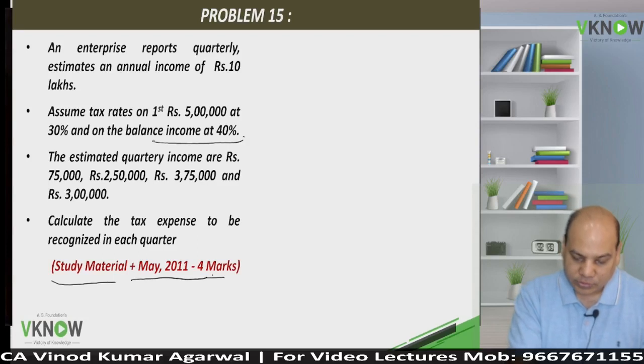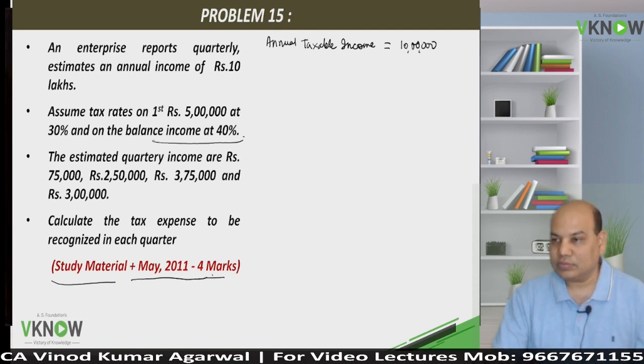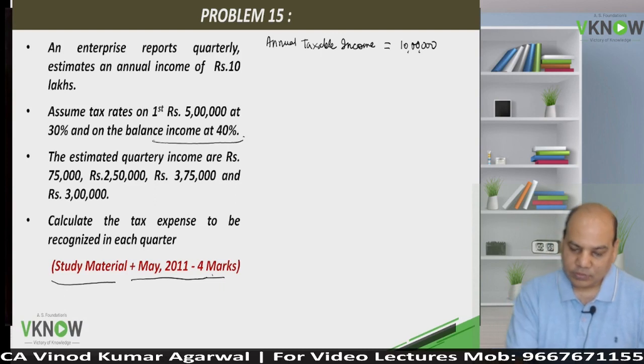So first is my annual taxable income. Annual taxable income is 10 lakh. There is no deduction, there is no exemption, and there is no adjustment here. So we will take 10 lakh.